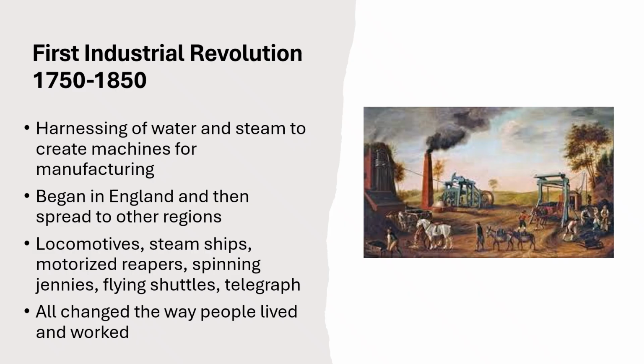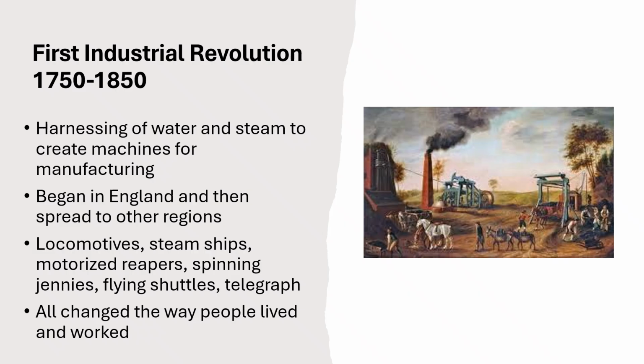The first industrial revolution begins in England, where large coal deposits were discovered. And the coal, of course, was burned in order to heat the water to create the steam that would then run the engines. And then, of course, that spreads to other areas as well.